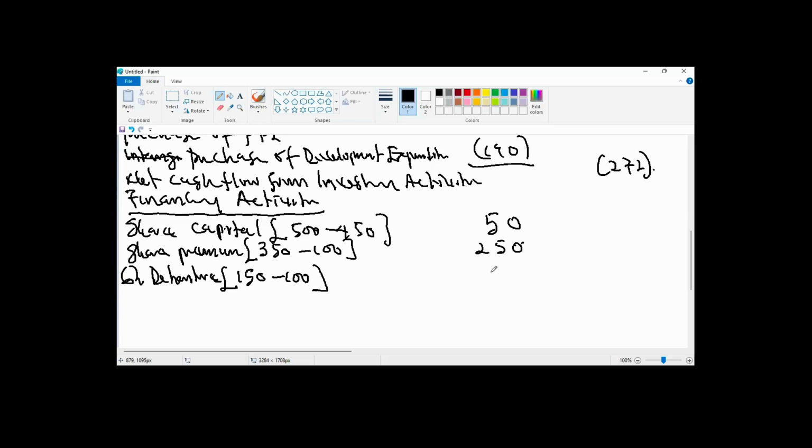At the beginning was what? 100. At the end? 150. Good. 50. Is it inflow or outflow? At the beginning was 100. At the end, 150. Inflow.